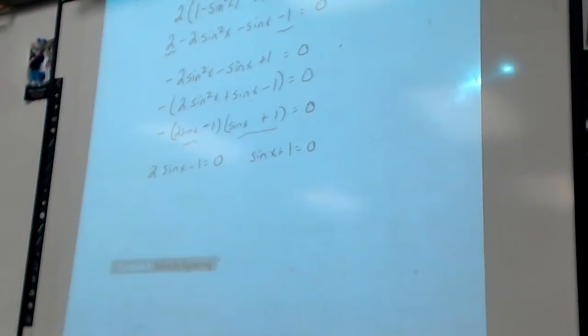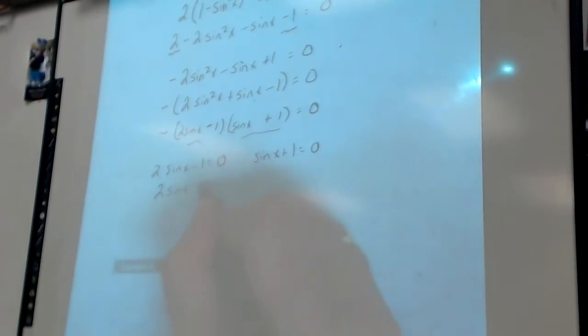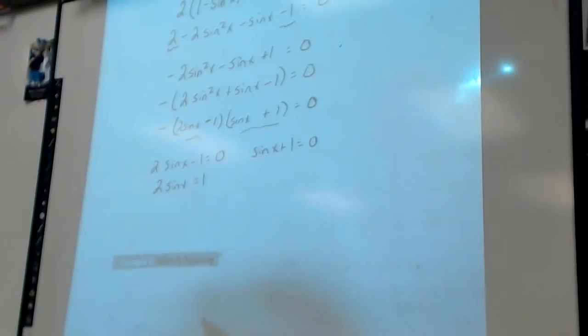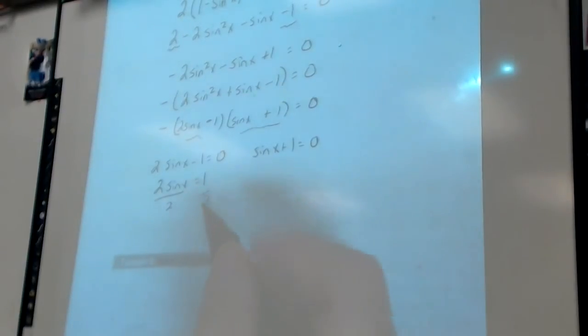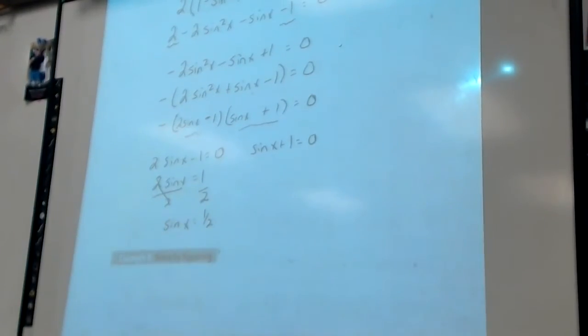All right. So what do we need to do on this side first? Add 1. So 2 sine x equals 1. Then what? Divide by 2. Right, Wesley? That's what I would do. Okay. So we have sine x equals 1/2. So to your unit circle, what are we looking for?